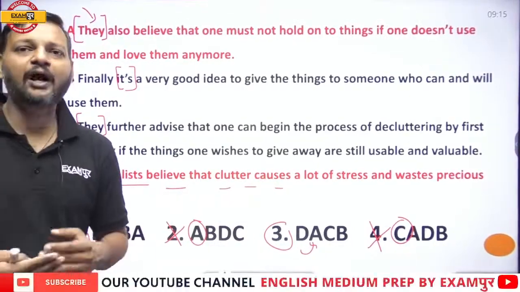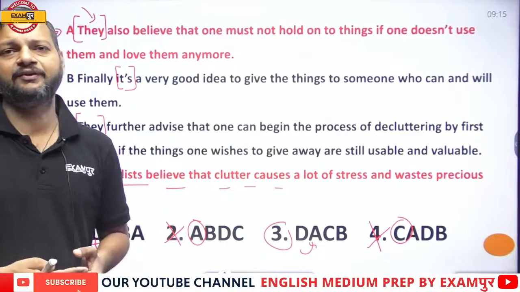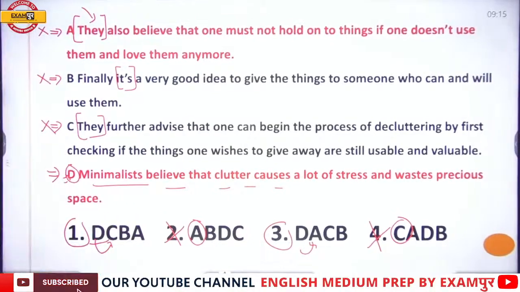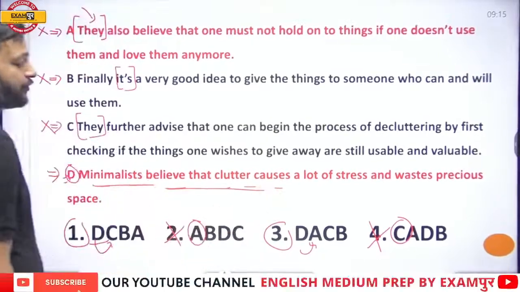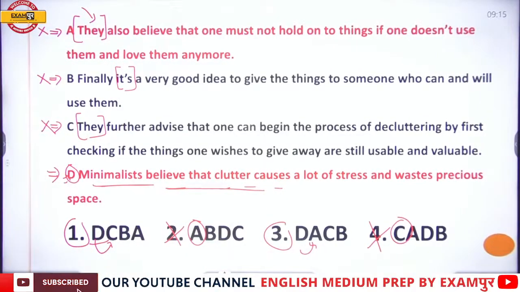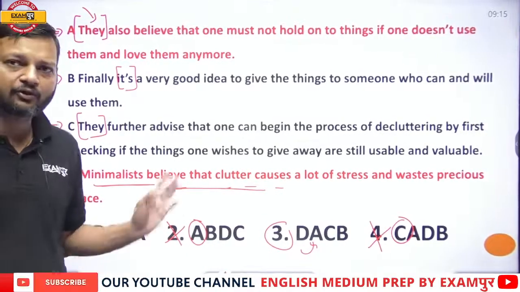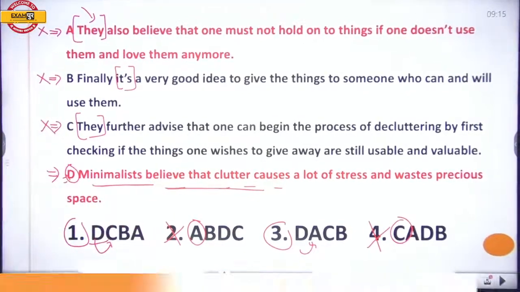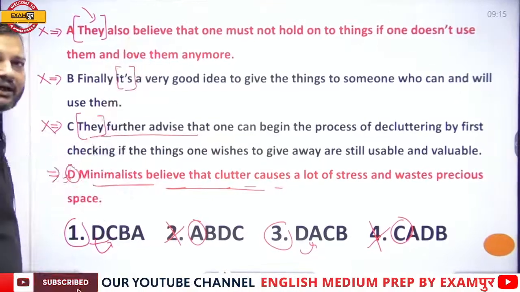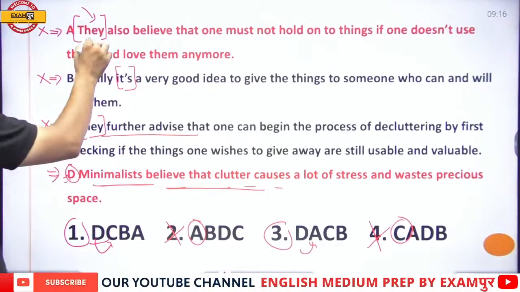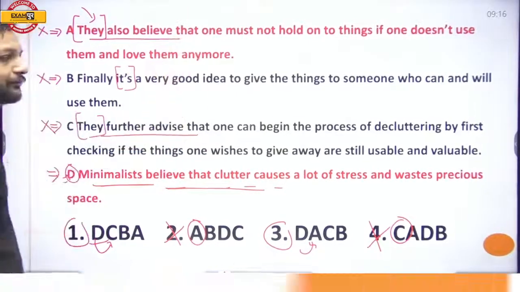Now here you have to set the chronology of the events. So read the first sentence: "Minimalists believe that clutter causes..." Now read the C sentence: "They further advise..." And in the A sentence we have "They also believe."